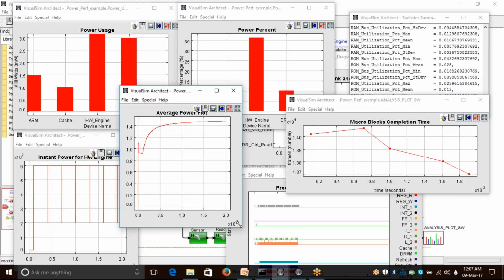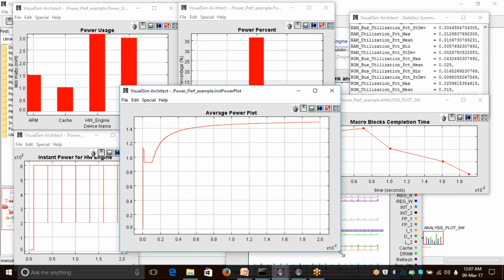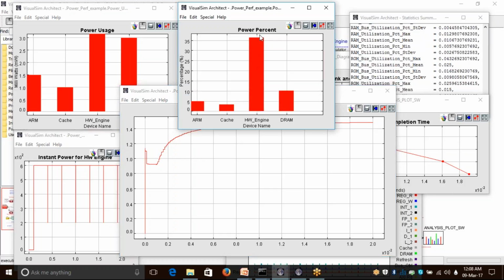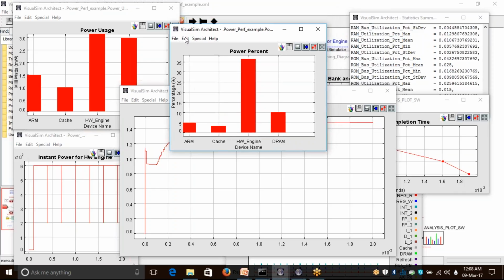But if I look at my average power consumption, it is quite strange here, or I would say quite dangerous here. I was expecting power consumption to be under 1 watt, but it is going close to 1.5 watts. Looking at the different device power consumption, I can see my hardware engine is consuming more than 35% of total power consumption.